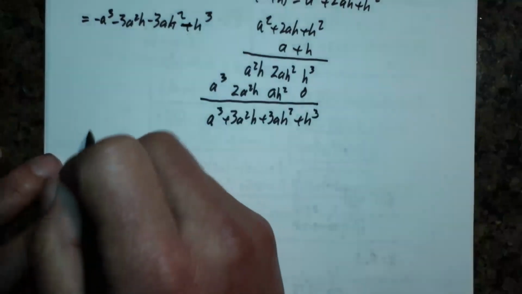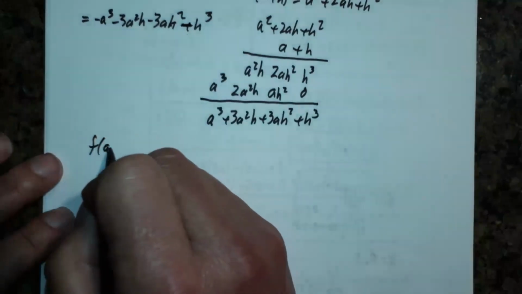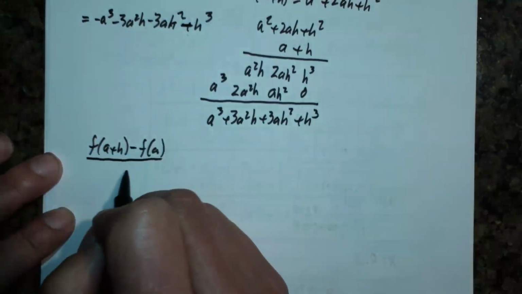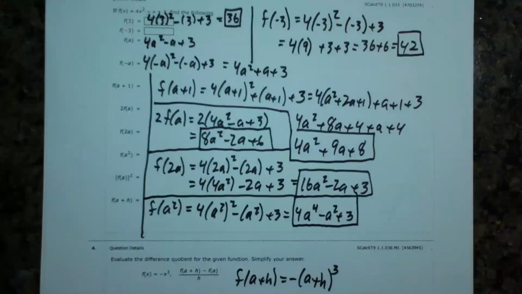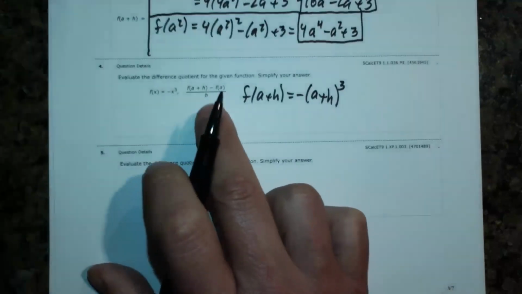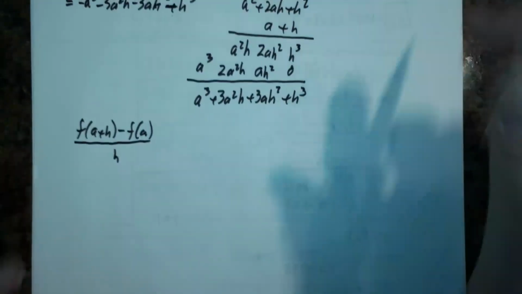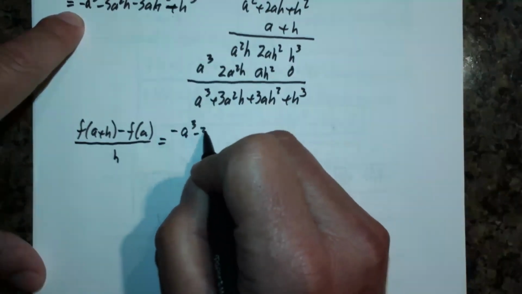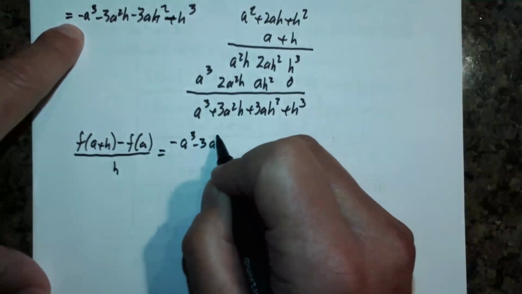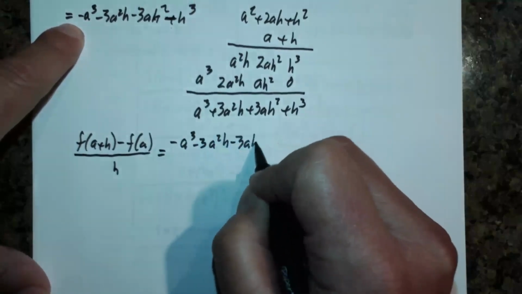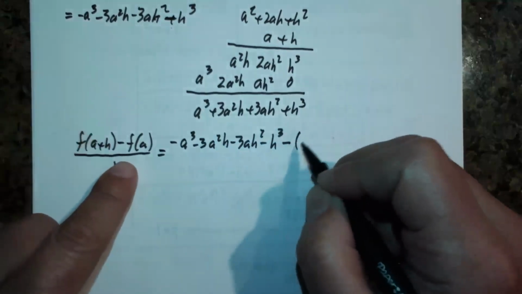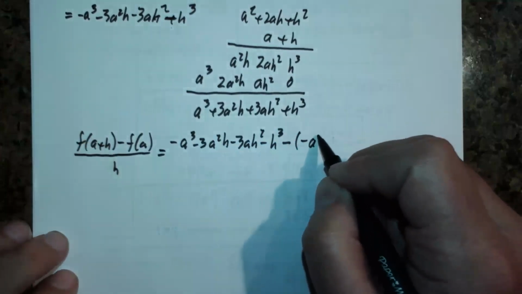Okay, so let's go back to here. Which is what the original problem is asking for, right here. So minus negative a cubed.